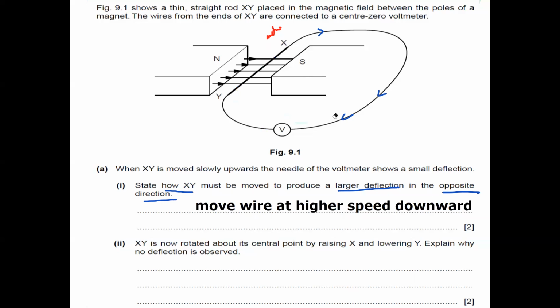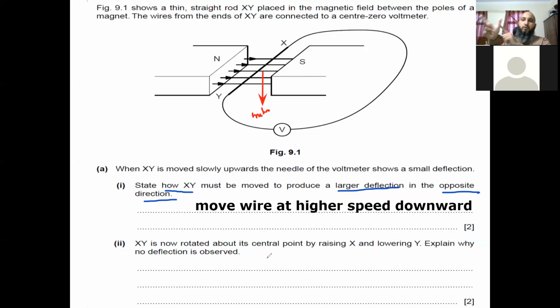And if I apply the rule here, you can clearly see that when I move the wire downward, the red arrow represents the motion of the wire. My index finger should point towards south, and my thumb should point downward.